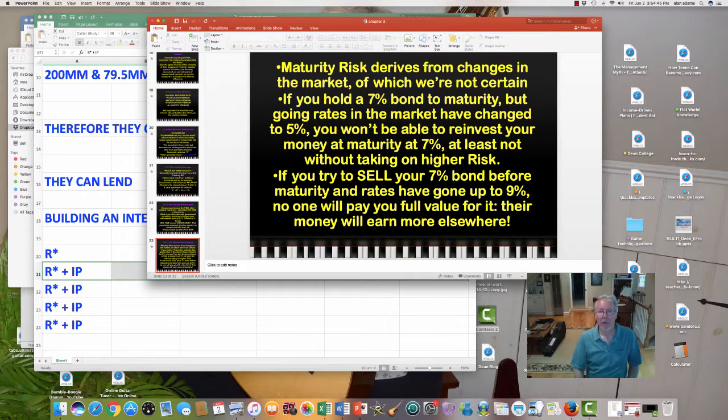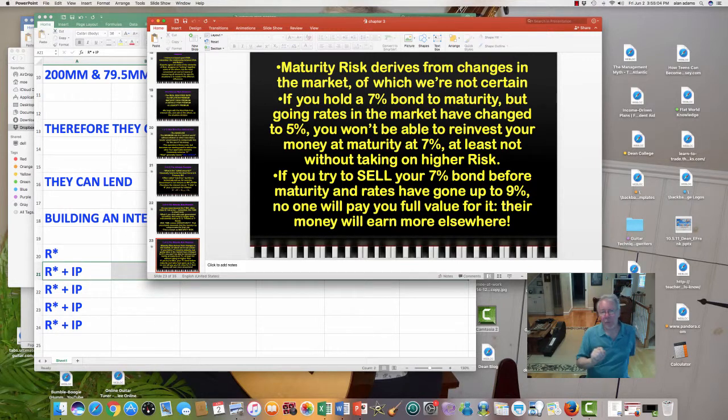All right. If you have, for example, a 7% bond, I'll get into bonds in chapter 5 or 6. Okay, that means that that bond is going to pay you 7%. You've locked in a nice long-term 7% investment. But the problem is, those fluctuate.